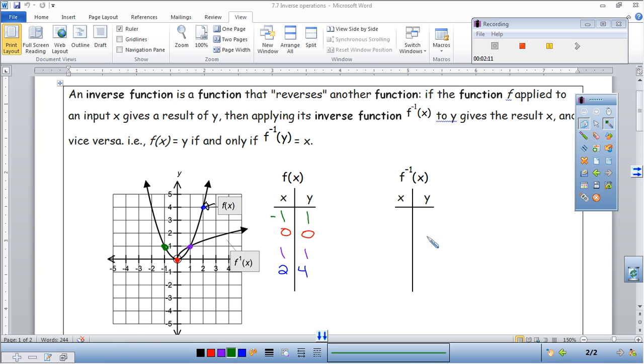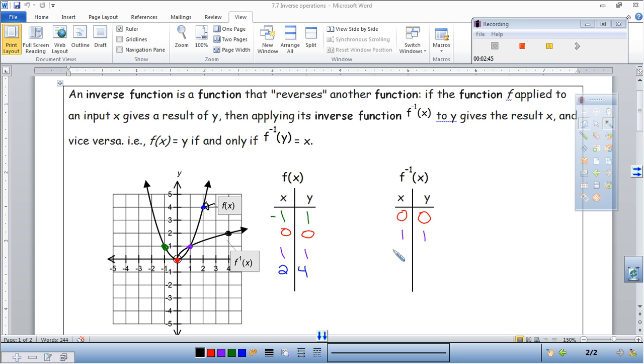Okay, next one. The inverse function, we do the same thing. Here on my inverse, the 0, 0 is also part of it. On my inverse, the 1, 1 is also part of my inverse function. The biggest difference you'll notice is this point right here.